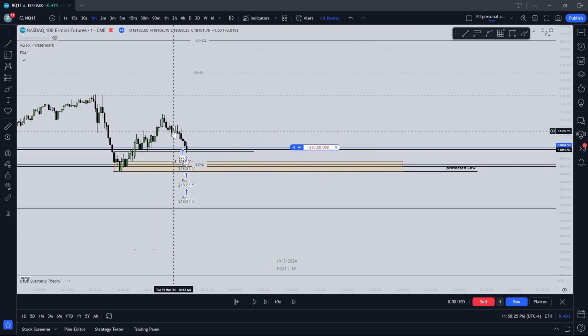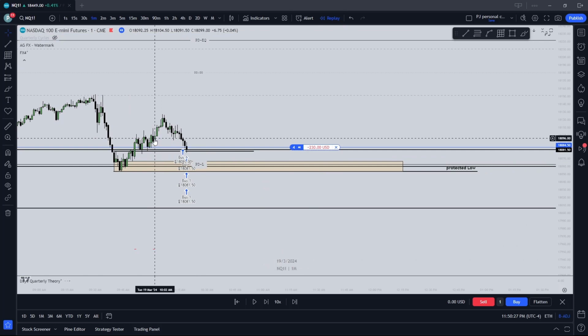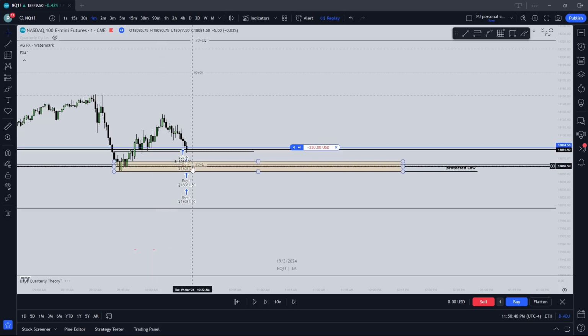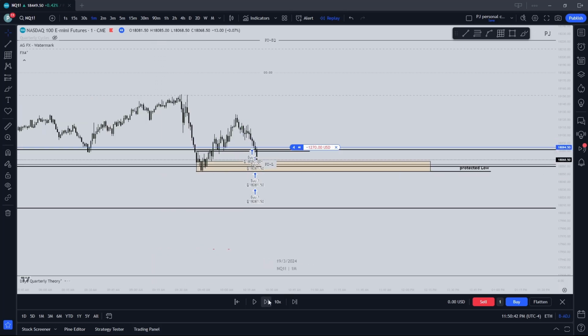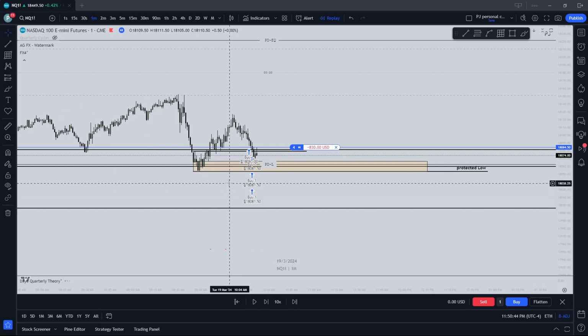And what we're doing here for our 4-hour candle, you see we have our accumulation, but mainly I'm looking for our open to come under the candle into the 4-hour rejection block.